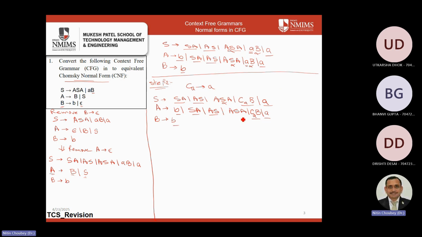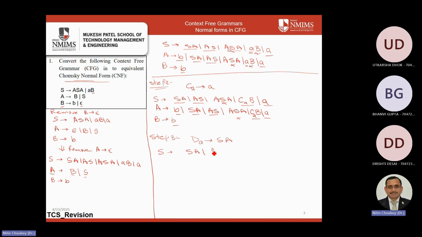Only 1 and 2, these two are not in CNF. Let's go for the next step, step 3, wherein we'll use a dummy variable, let's say D, in order to convert these into equivalent CNF form. Let's say DA is equal to SA. Let's rewrite the grammar.